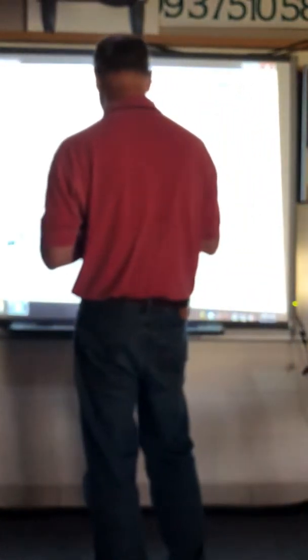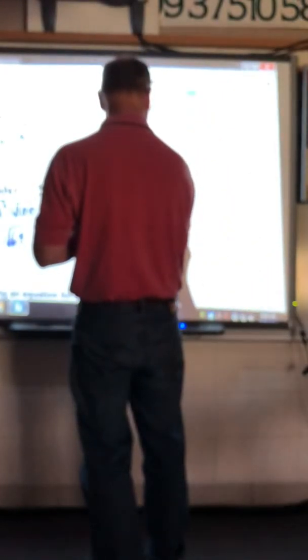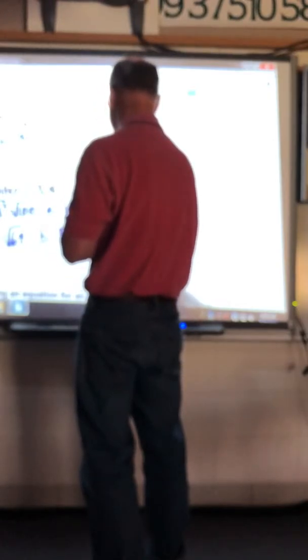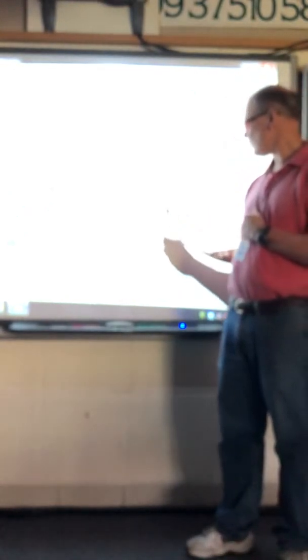Let's see if we can get a little bit better looking ellipse this time. It's kind of like the bigger they are, the harder they are to draw while trying to keep it symmetrical and everything.